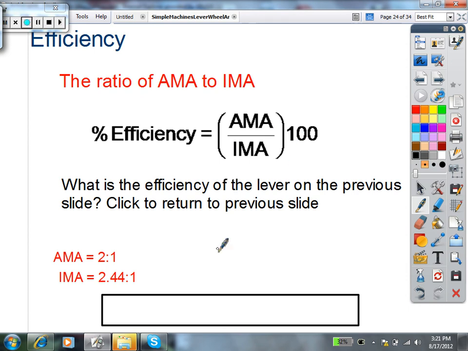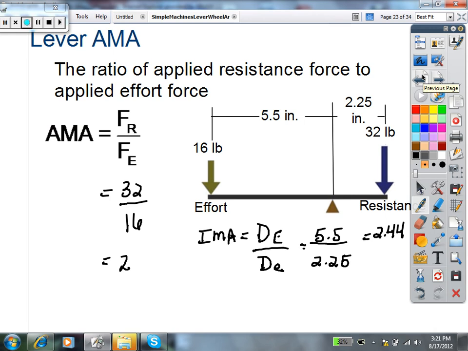So if we want to look at the efficiency of the lever from the previous slide, remember this is the lever that we had. We had our ideal, we calculated at 2.44 based on the distances, and the actual came to a value of 2 based on the weights that we ended up using.